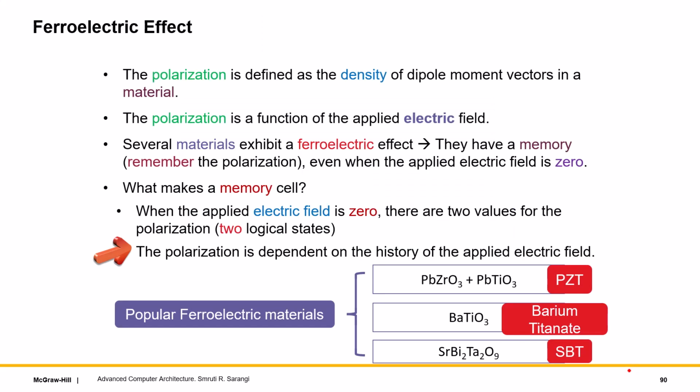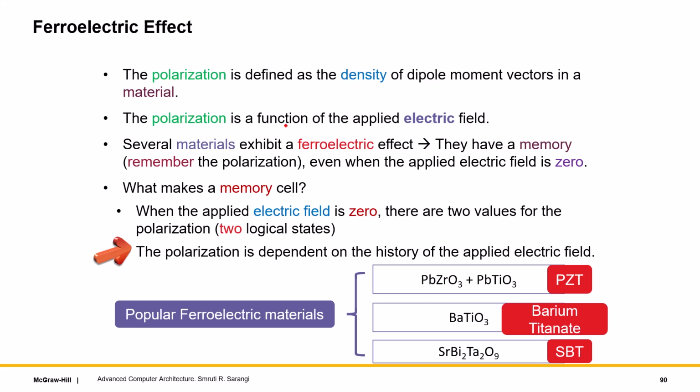Whenever we are looking at any kind of metal-like material, you will have slightly separate clusters of positive and negative charge. So a dipole moment would form. The density of these dipole moment vectors, including their orientation, is known as the polarization.